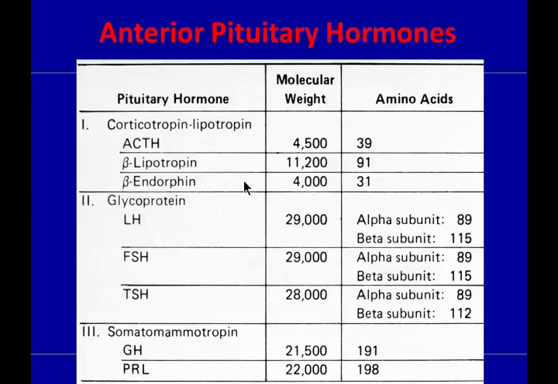So in terms of the pituitary hormones, they represent three classes of proteins. ACTH is really a 39 amino acid peptide that is derived from a very large 39,000 molecular weight precursor called POMC, or pre-opiomelanocorticotropin. And from that, a variety of hormones are made.